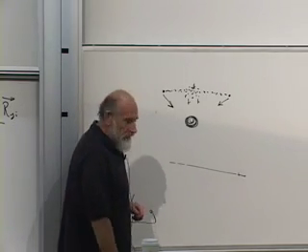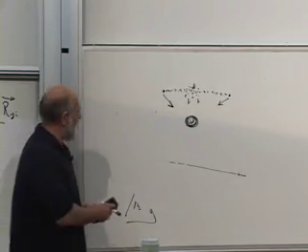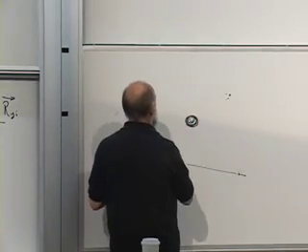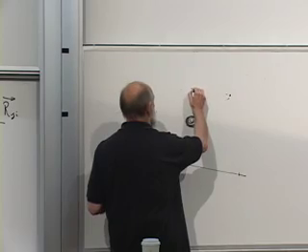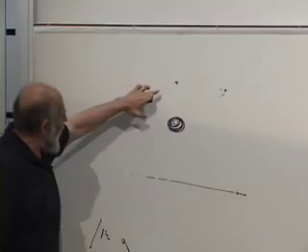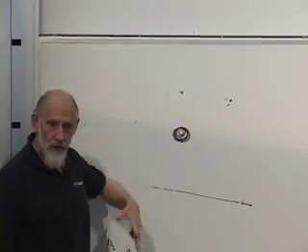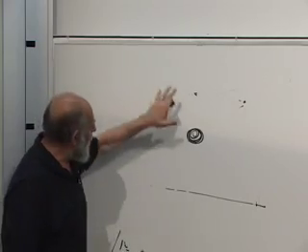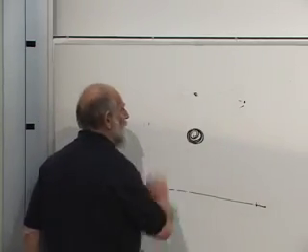But if the object is small enough, what does small enough mean? Let's suppose the object that's falling is small enough. If it's small enough, then the gradient of the gravitational field across the size of the object will be negligible. And so all parts of it will experience the same gravitational acceleration.